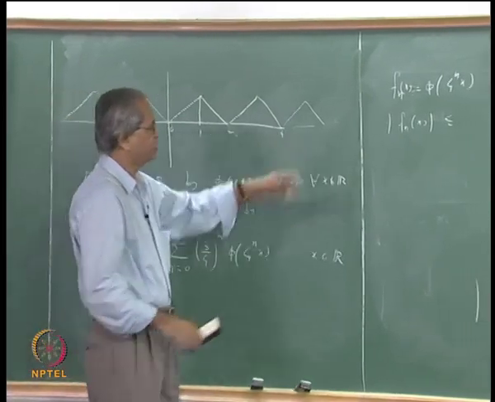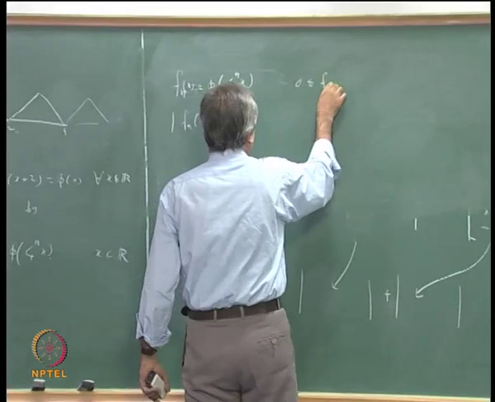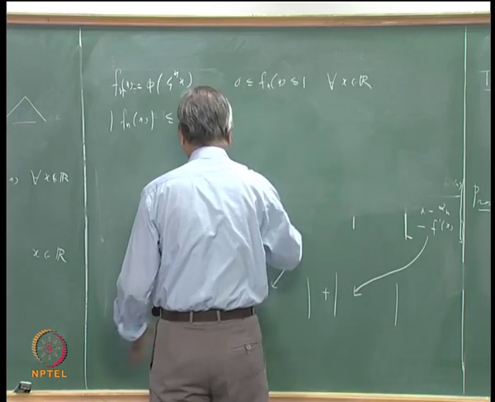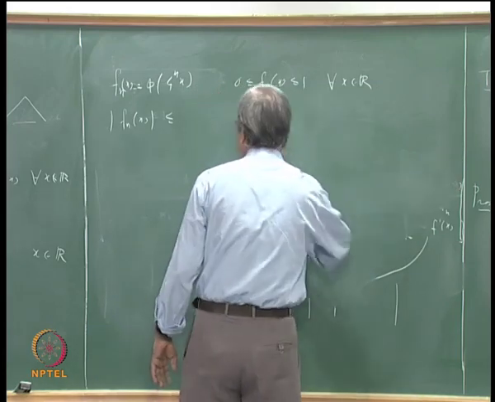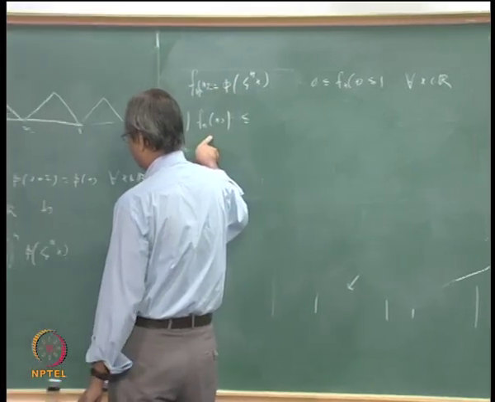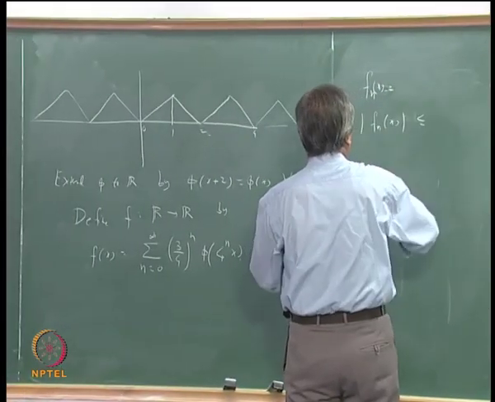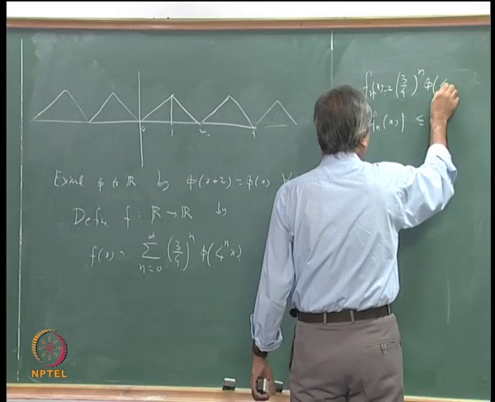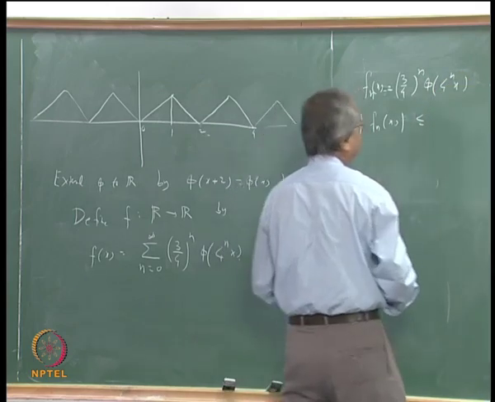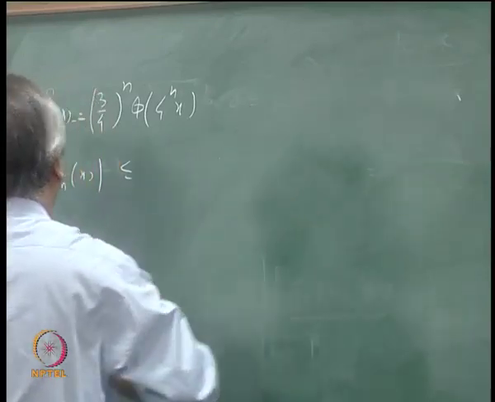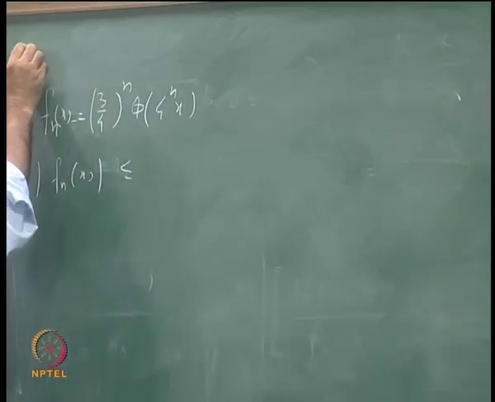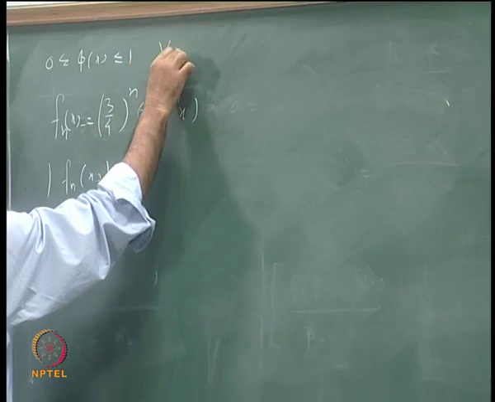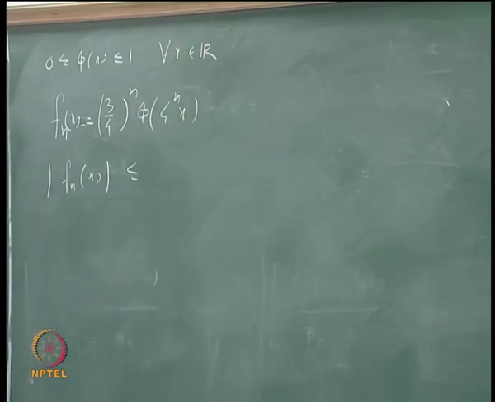So 0 is less than or equal to phi of x is less than or equal to 1 for every x in R. That is clear from here, right?